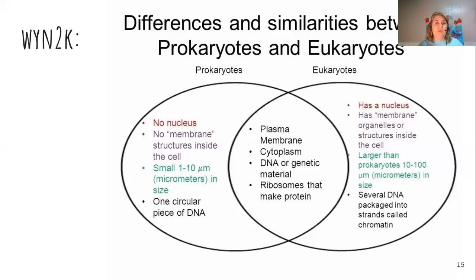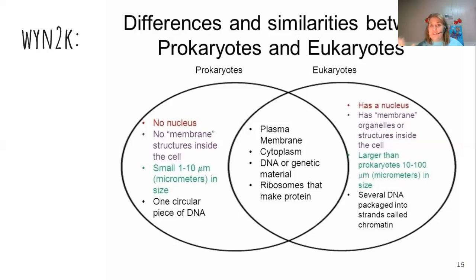They don't have membrane structures inside. They're typically very, very small, and they have one circular piece of DNA. Eukaryotes have a nucleus. They do have membrane-bound organelles. They're a lot larger and they're usually a whole lot more complex. And they have DNA packaged inside of a nucleus as strands of chromatin.